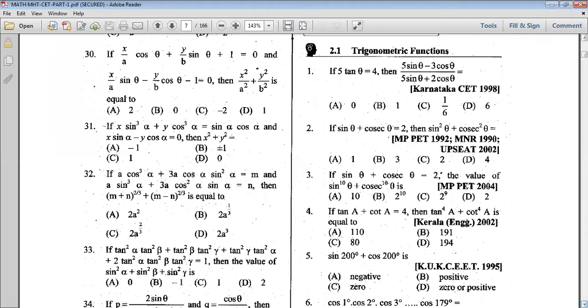X sin cube alpha plus y cos cube alpha is equal to sin alpha into cos alpha, and x sin alpha minus y cos alpha is equal to 0. Then what is the value of x square plus y square is equal to how much?